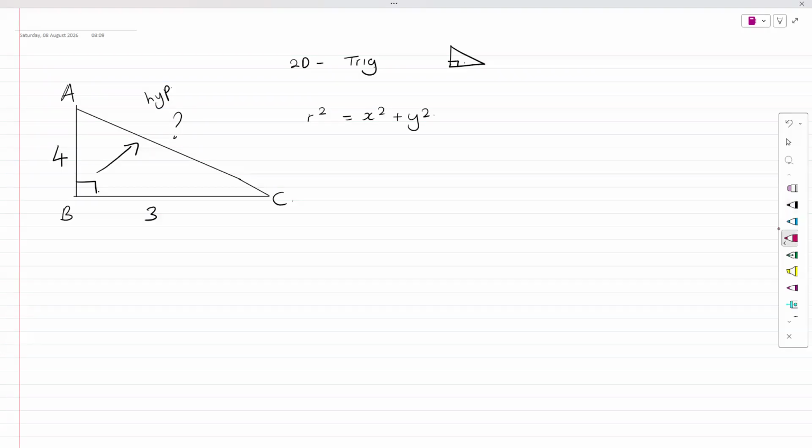Okay, let's go with r squared equals 3 squared plus 4 squared. This would equal 25, and r equals 5. Okay, let's stop at this point here.